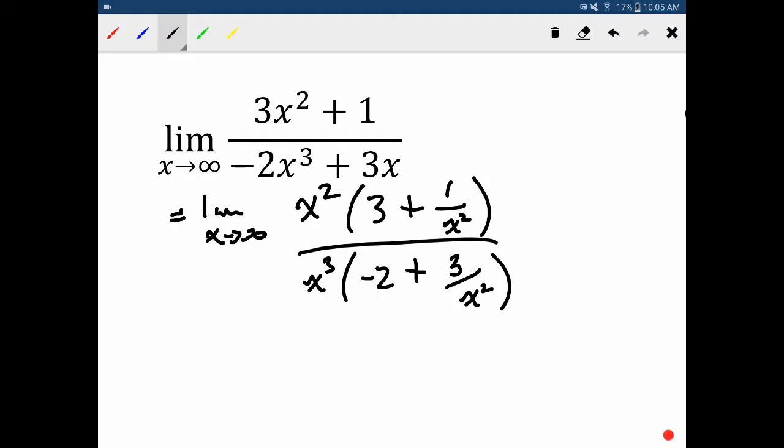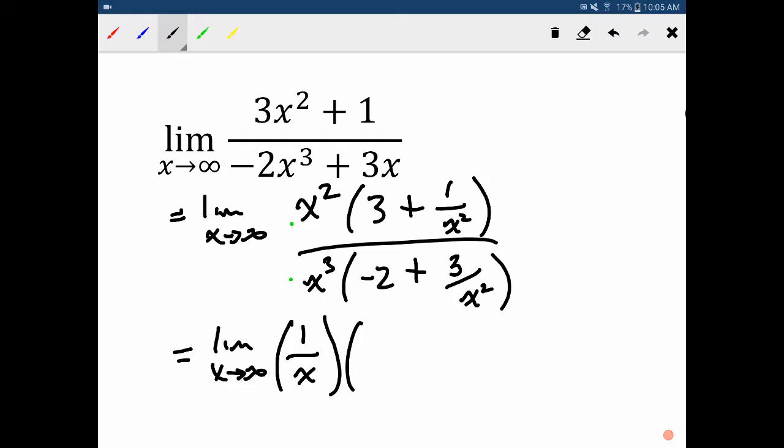So, for this one, you notice, unlike the last one, we can't just cancel out this and this, but we can reduce it. Okay, so we can say that's the limit as x approaches infinity of, and we can use our exponent rules and see that that is just 1 over x.